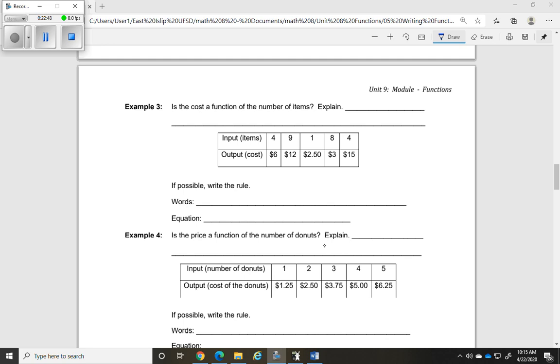So this next question is asking us if the cost is a function of the number of items, meaning that for every number of items we put in, do we get a different cost out?